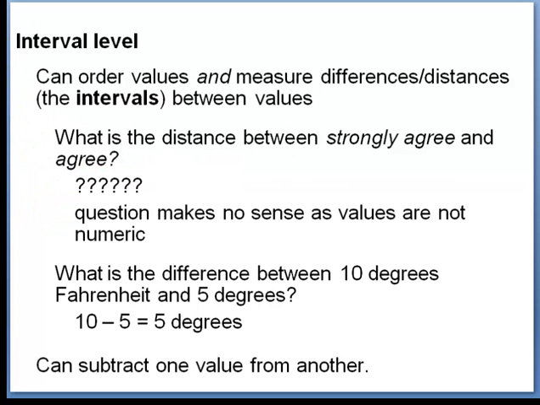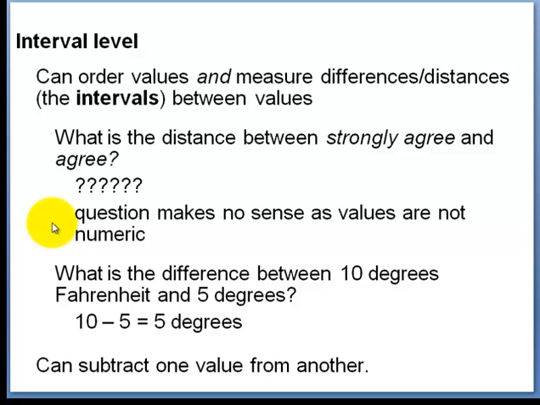Moving up from the ordinal level to the interval level, at the interval level of measurement, we can order values and measure differences between values. What, for instance, is the distance between strongly agree and agree? Well, this question makes no sense, as these values are not numeric. What's the difference between 10 degrees and 5 degrees Fahrenheit?